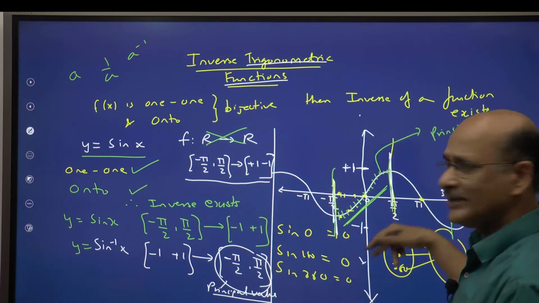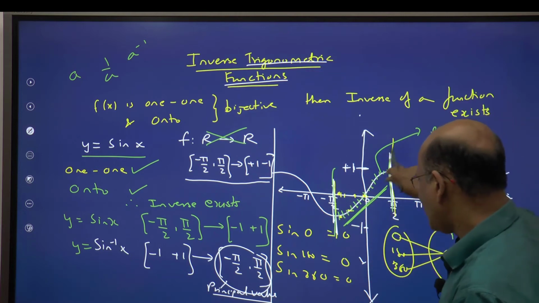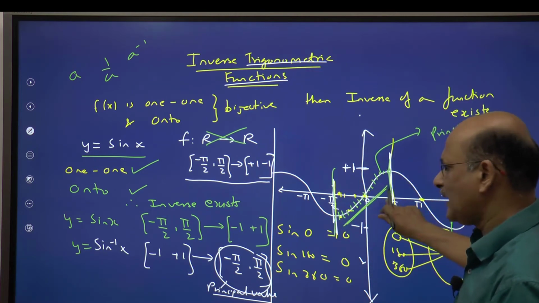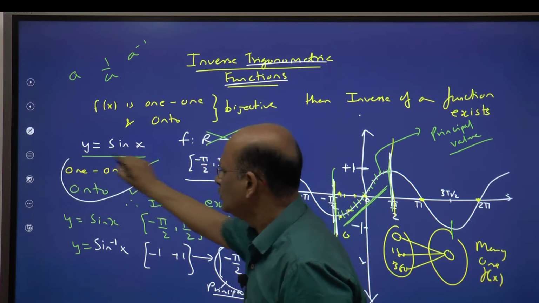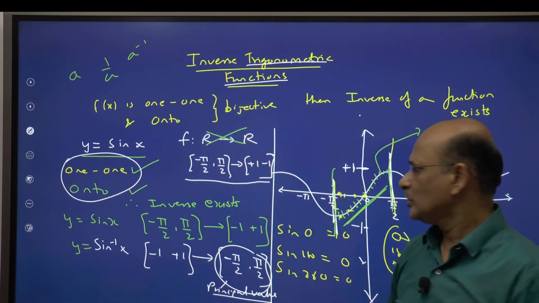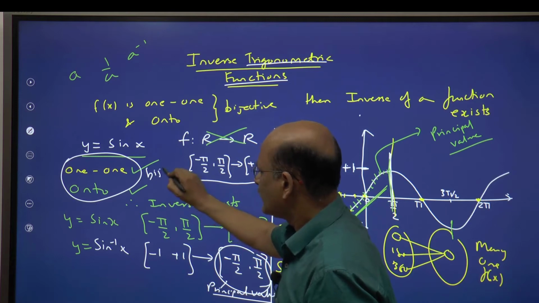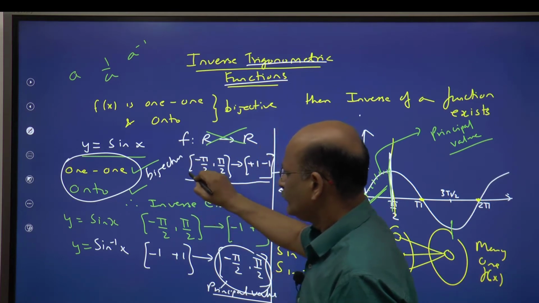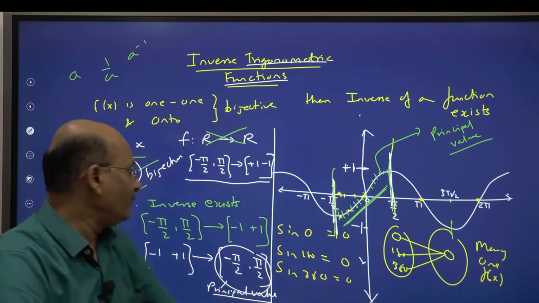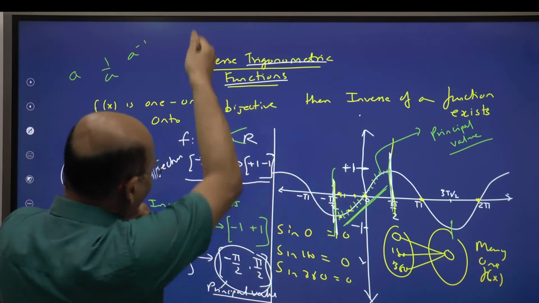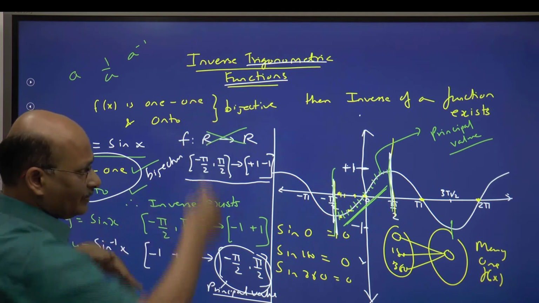Similarly now, what is inverse? When I restrict it from minus pi by 2 to pi by 2, this trigonometric function gets converted to a one-one onto function. That means it is bijective, so the inverse exists. Now actually what behavior happens in inverse? The x becomes the y axis and the y becomes the x axis.